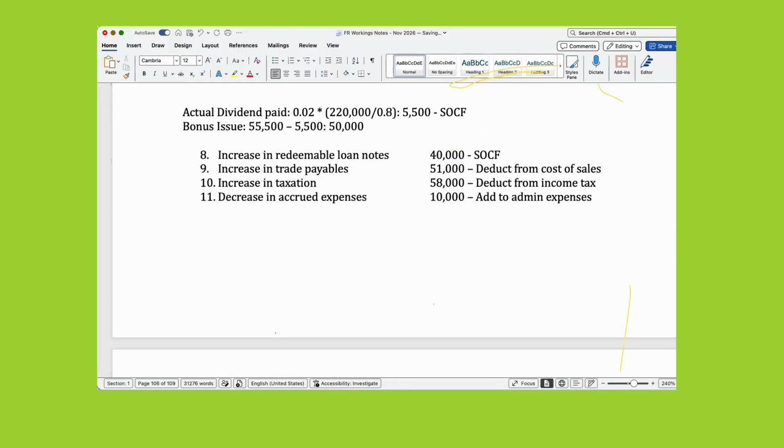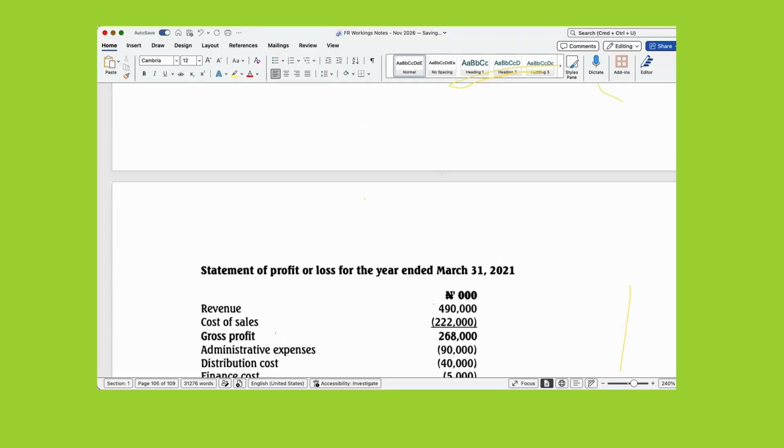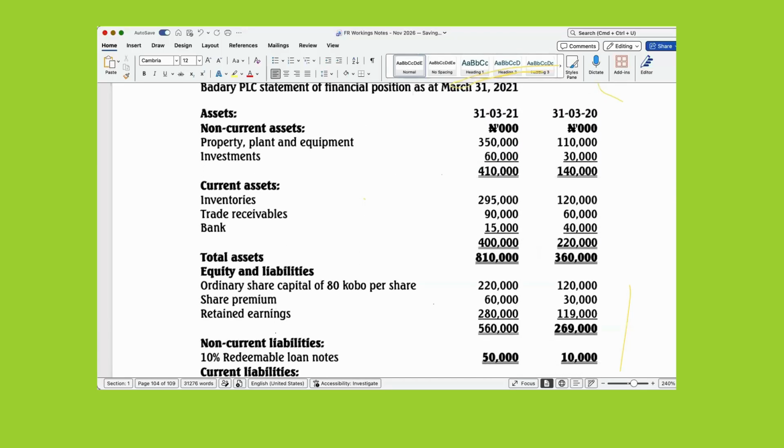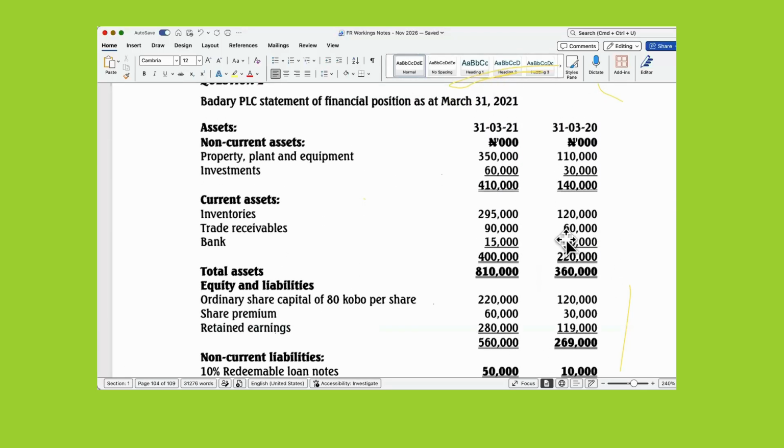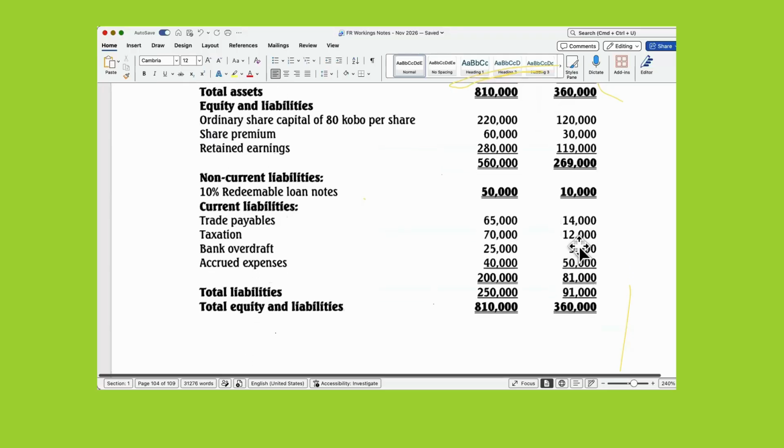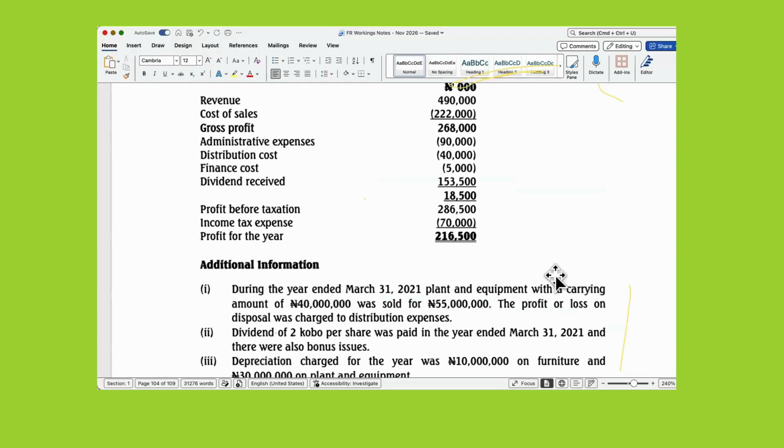So what was my bank balance at the beginning? It was 40,000 bank, and overdraft was 5,000.